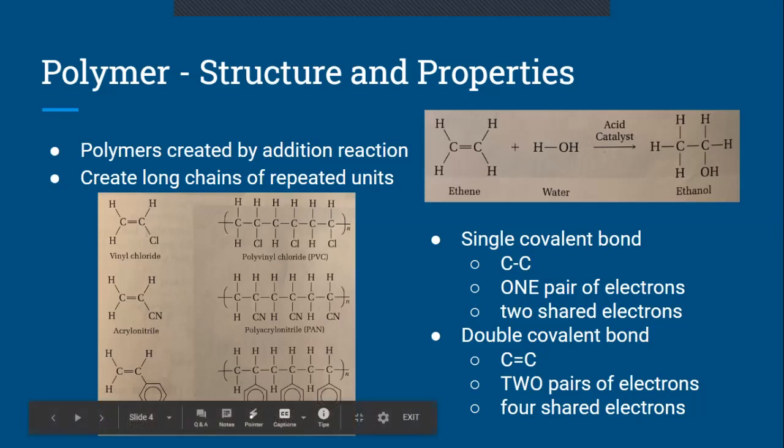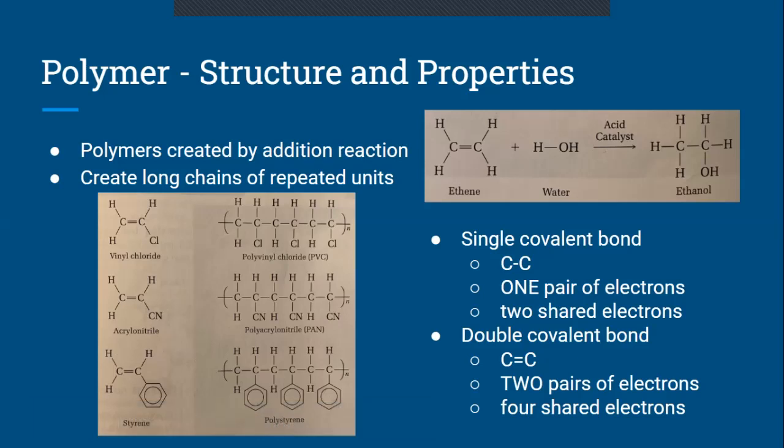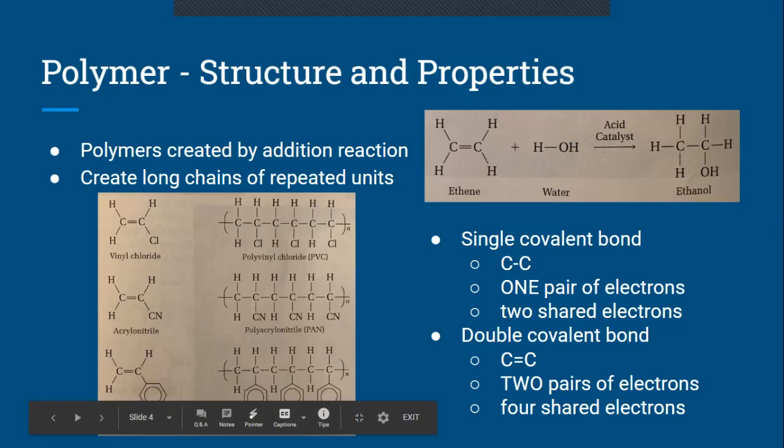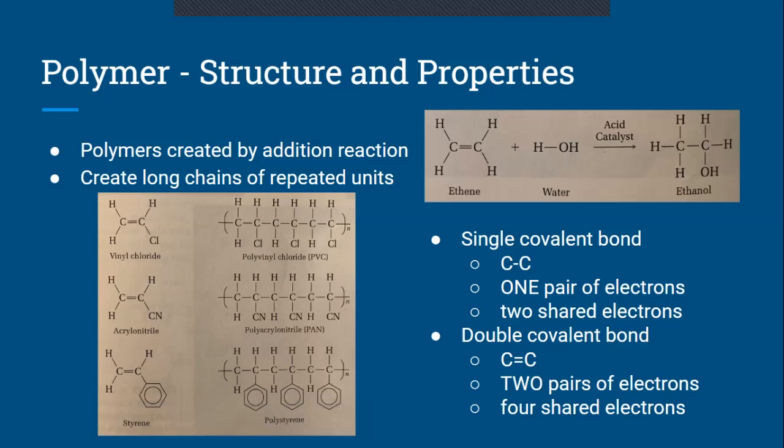Acrylonitrile is this one here. That's the monomer, and when we use an addition reaction, we connect many of them to create polyacrylonitrile, or PAN. That last one there is styrene, and you've probably heard of polystyrene.